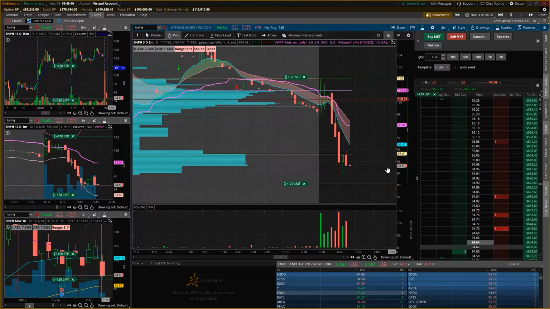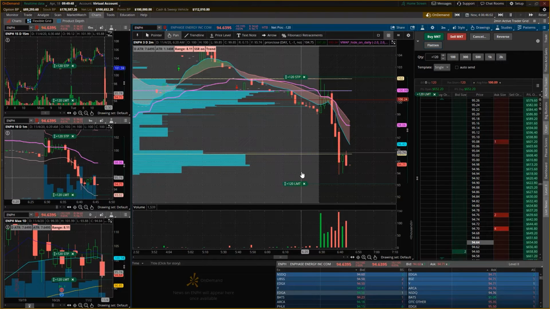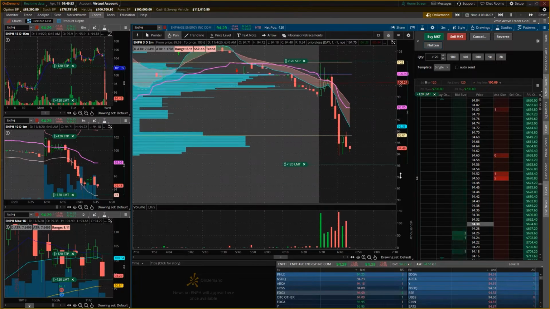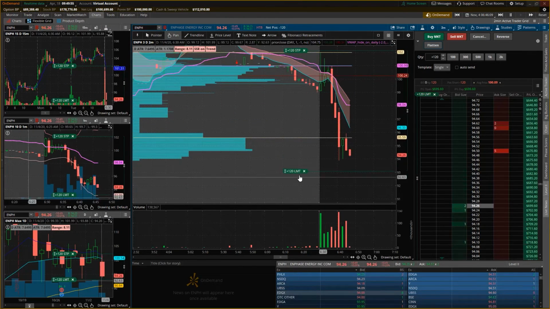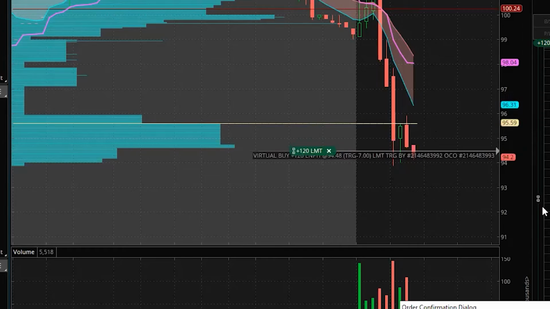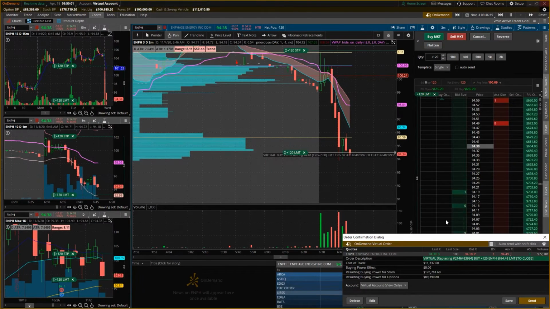The other way to exit your trade quickly is to actually drag your limit order so that it is, in this case, since we're short, above current price action. If you are long, you would need to make sure to drag your limit order below current price action, because the way that limit orders work, it always fills at that limit price or better, right?